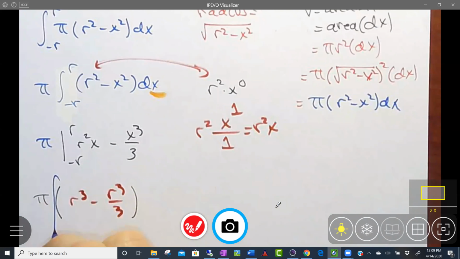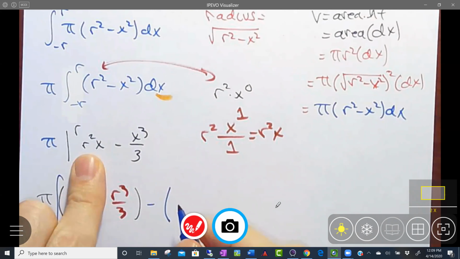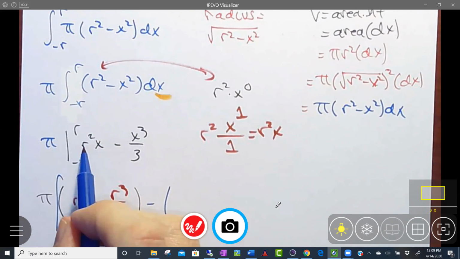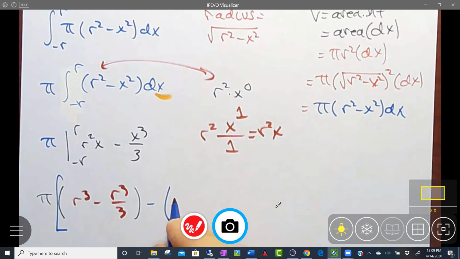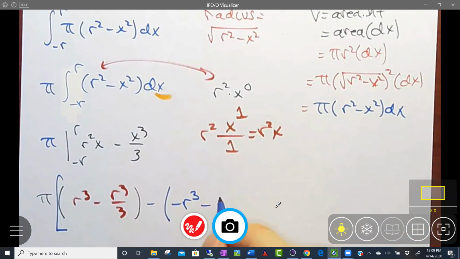Let's keep this pi out in front for everybody. And at my lower limit, I'll have negative r times r squared, so I'll have negative r cubed. And then a negative r cubed again is going to be negative r cubed over 3.